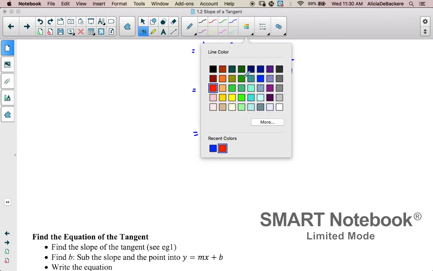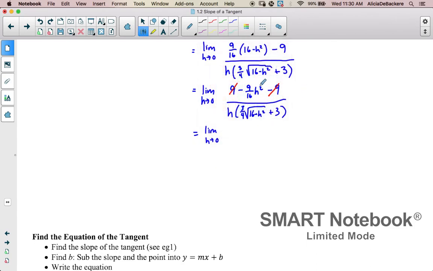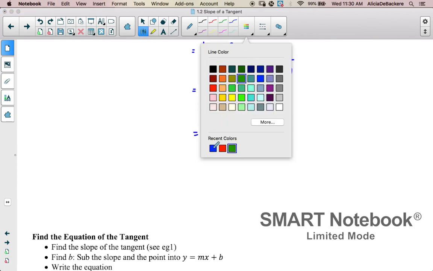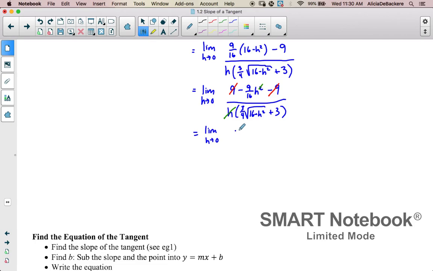And then I also have in the numerator, now I've got all multiplication, -9/16 times h squared. So that means I've got a multiple of h on the top and a multiple of h on the bottom that can cancel. So the h, and now instead of h squared, it's just going to be h to the power of 1 that's left over. So now I've got -9/16 times h all over that messy bracket.